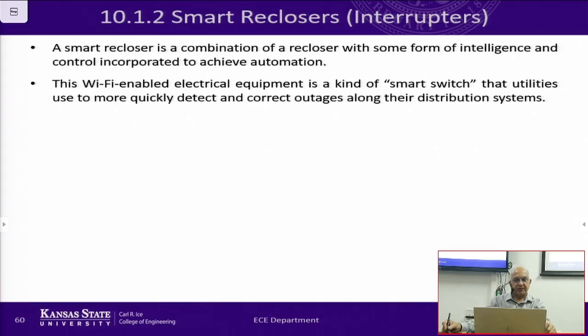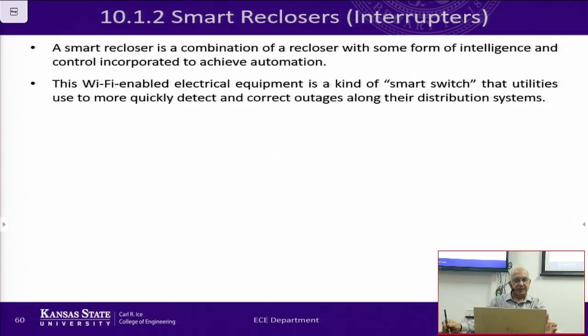Smart reclosers have advanced pretty well. The two examples that I showed you are the two latest types of reclosers. The old reclosers did not have any intelligence. They were pretty much local devices.